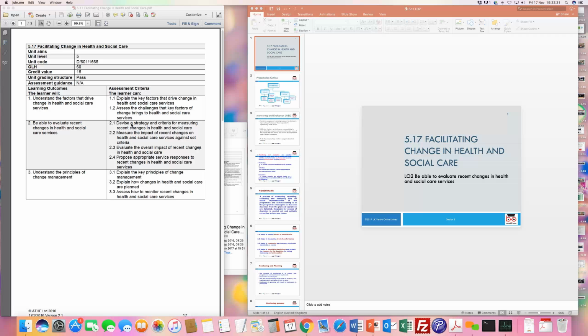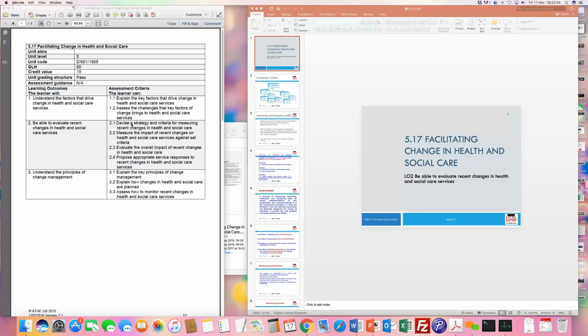Now, we did some study of the factors which affect these challenges. Leading on to that, what we're going to look at is learning outcome 2. In learning outcome 2, we are looking at understanding how these changes are going to be affecting health and social care.